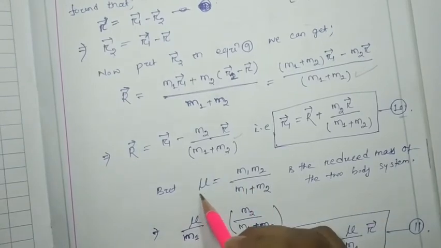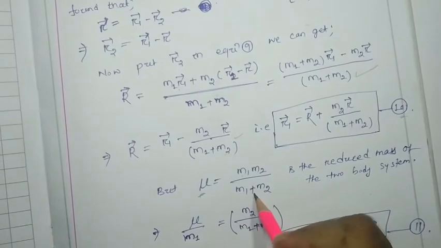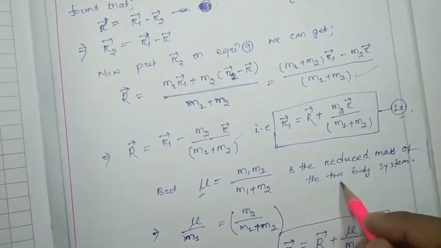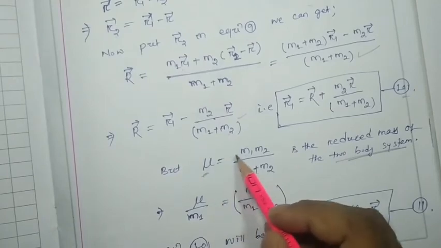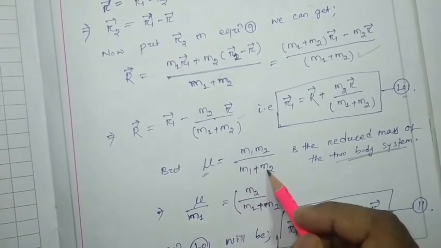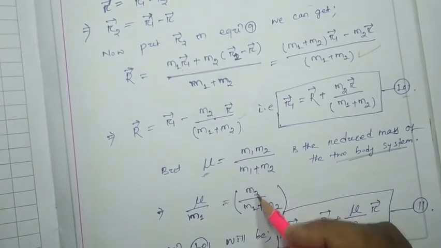But we know that mu is nothing but m1 m2 by m1 plus m2, the reduced mass of the two body system. Now mu equal to m1 m2 by m1 plus m2 implies mu by m1 will be m2 by m1 plus m2.